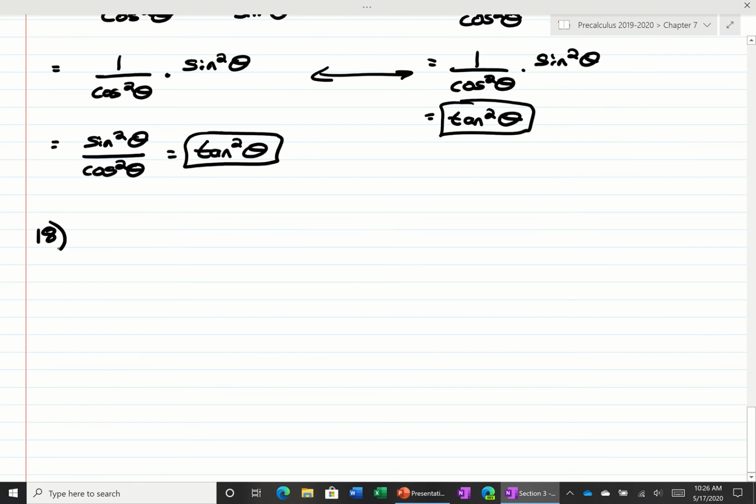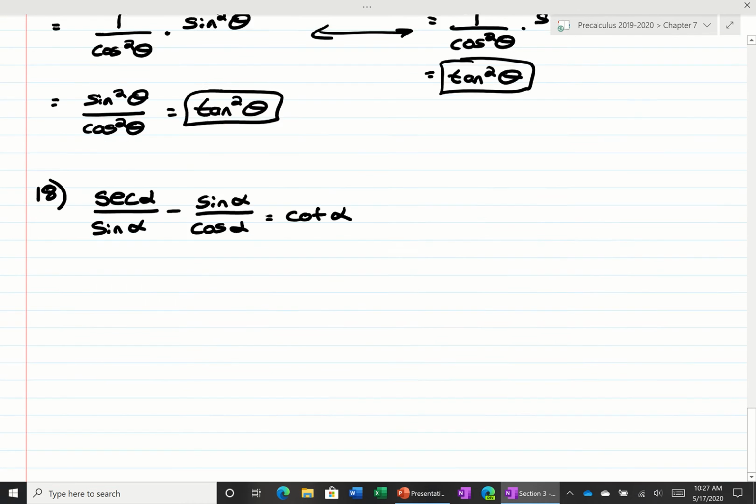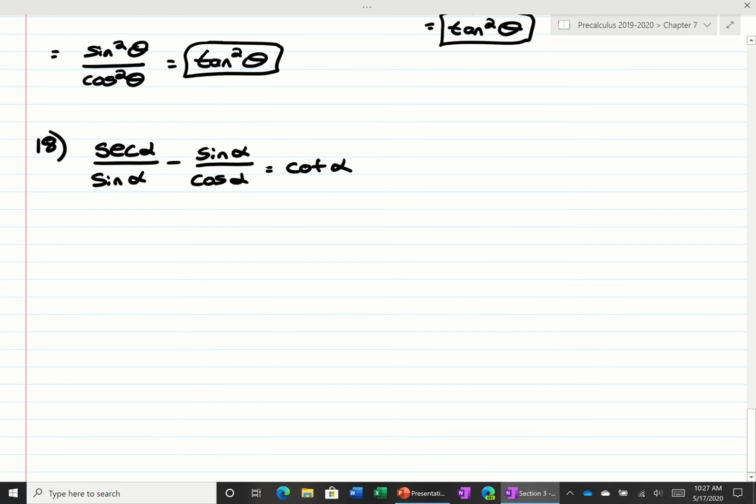Let's do number 18. For problem number 18, it says secant of alpha over sine of alpha minus sine of alpha over cosine of alpha is equal to cotangent of alpha. So alpha is the same thing as theta or x or anything like that. We have two fractions.